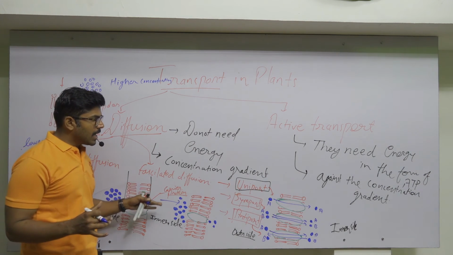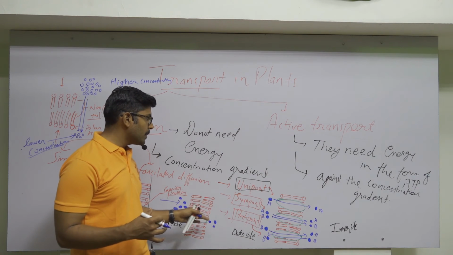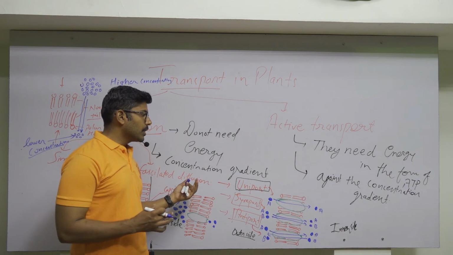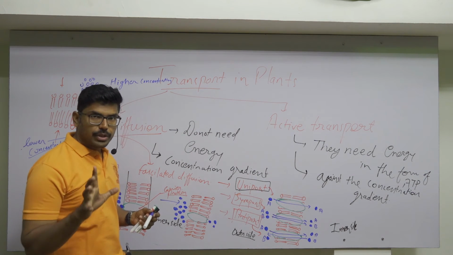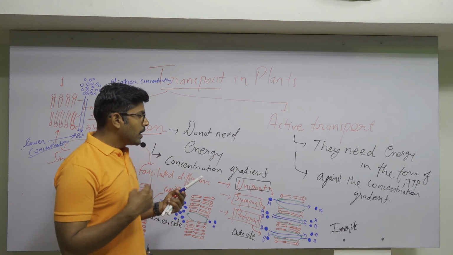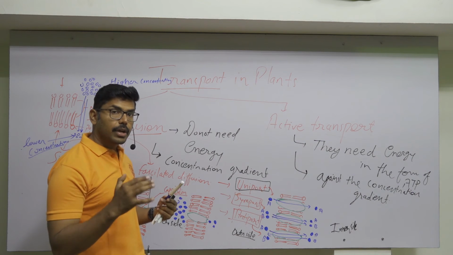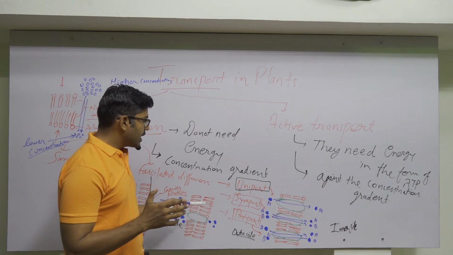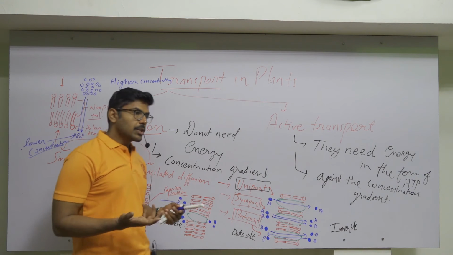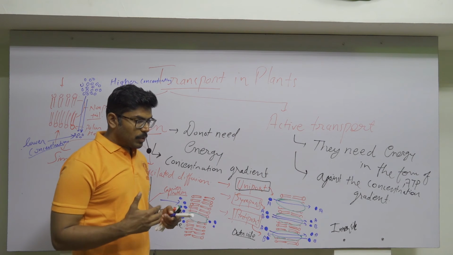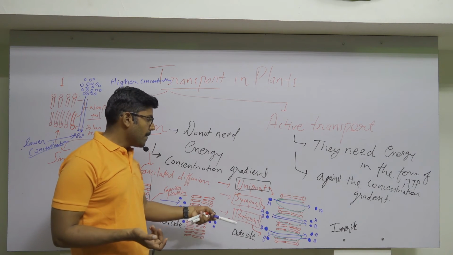Again, they are of three types: uniport, symport and antiport. In uniport, the carrier protein will transport a single molecule in one direction. Whereas in symport, two molecules will be transported by a carrier protein in one direction. Whereas in antiport, two molecules will be transported in opposite directions by a carrier protein. So that is called antiport.